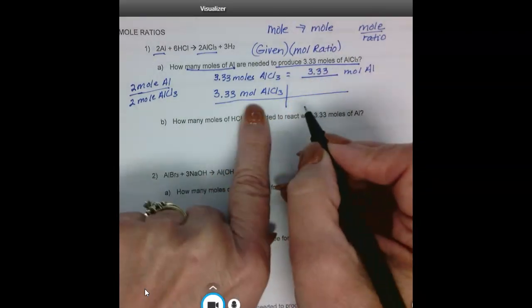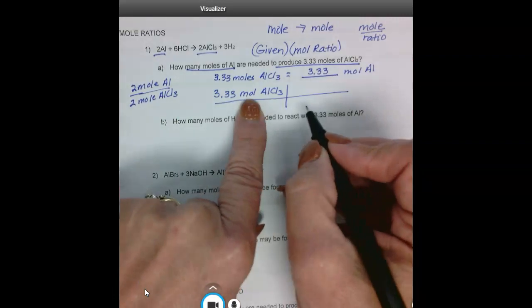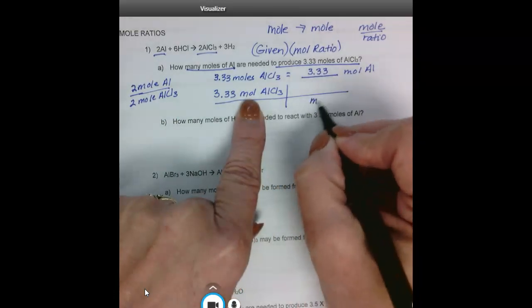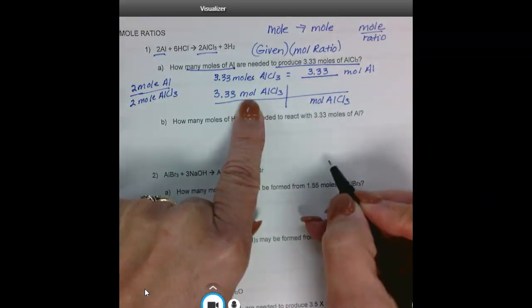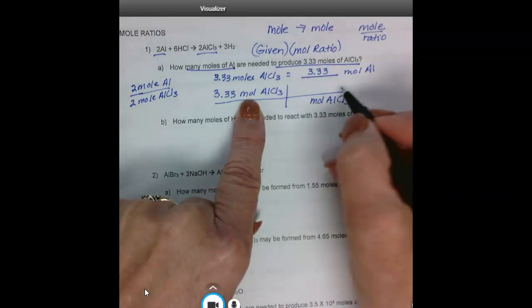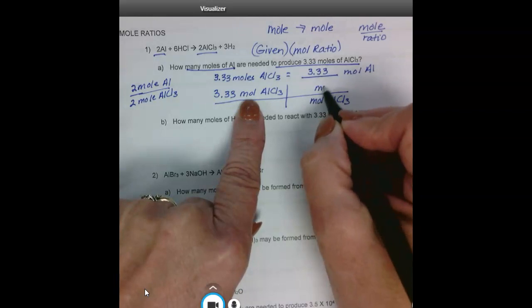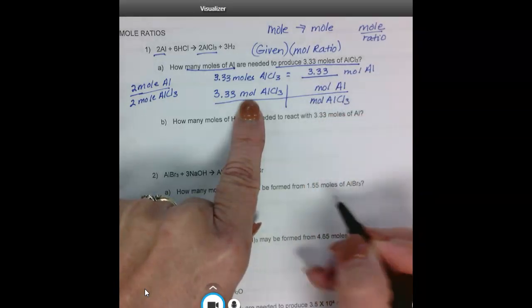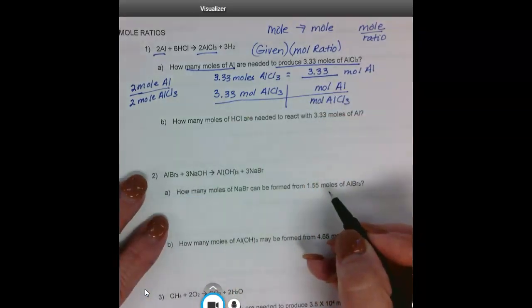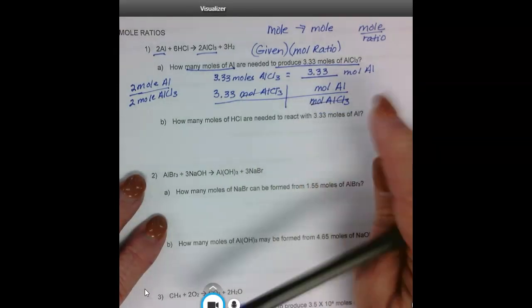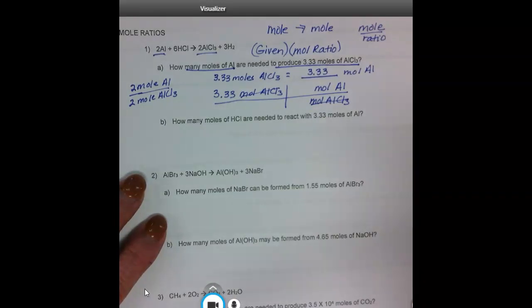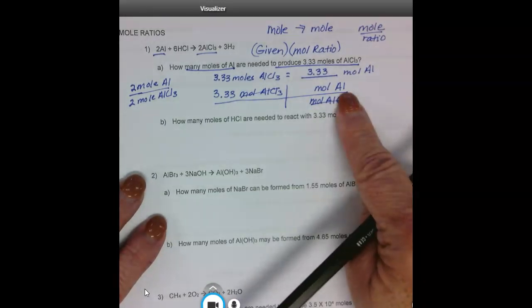So in this case, remember, if we have moles of aluminum chloride in the numerator, I need to put moles of aluminum chloride in the denominator. And where I'm going is to moles of aluminum. So that has to go in the numerator. So what I'm given goes in the denominator, and where I'm headed to, or what I'm looking for, goes in the numerator.